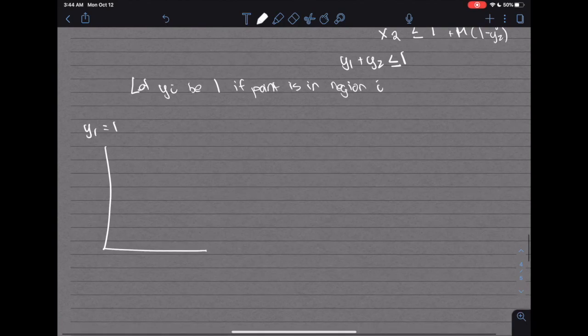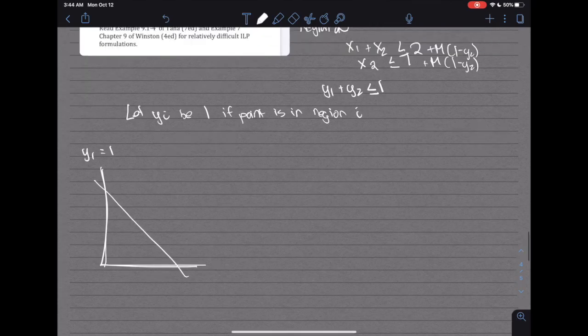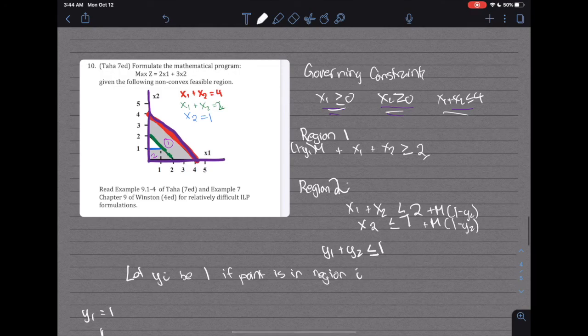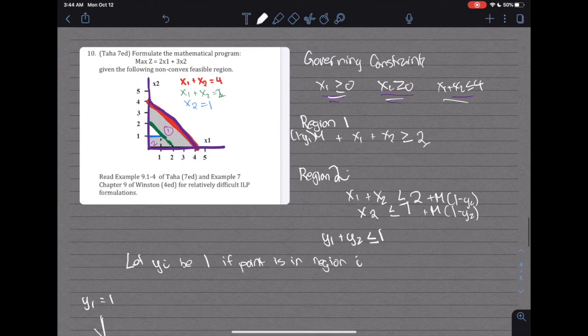So we will still have x2 is greater than or equal to 0, x1 is greater than or equal to 0 here, and x1 plus x2 is less than or equal to 4. Additionally, this constraint will hold, so you will get x1 plus x2 is greater than or equal to 2.